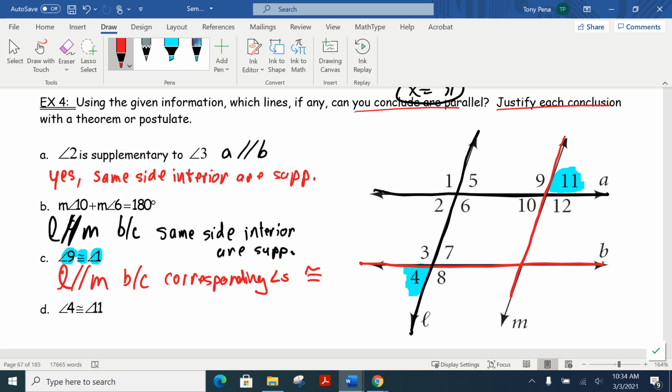So notice how they're not formed by the same 3 lines. They're each formed by 2 separate lines. Notice how the directions say, which lines, if any, are parallel. In this case, we would say none. We couldn't make any conclusions about these because we don't have 2 lines cut by a single transversal. Those are each created by 2 completely separate lines. Okay.